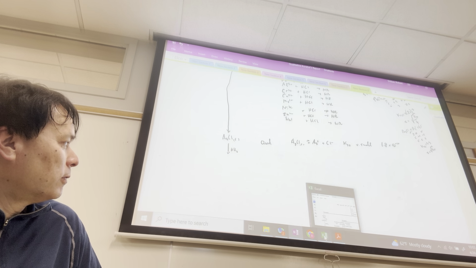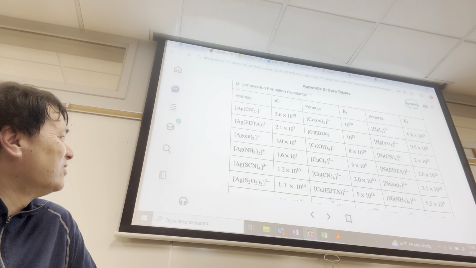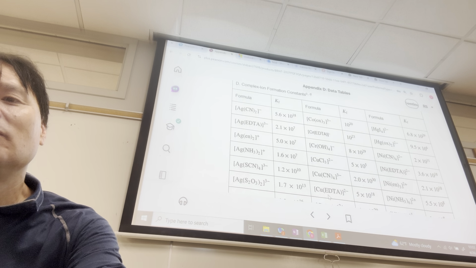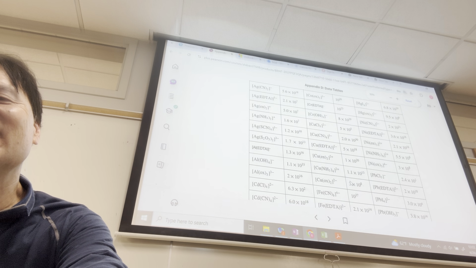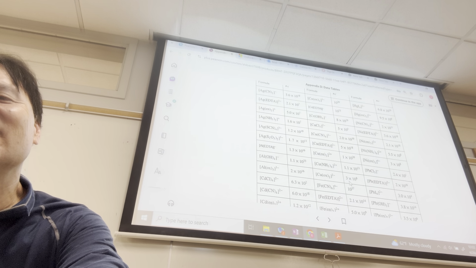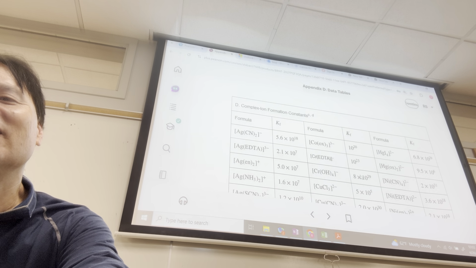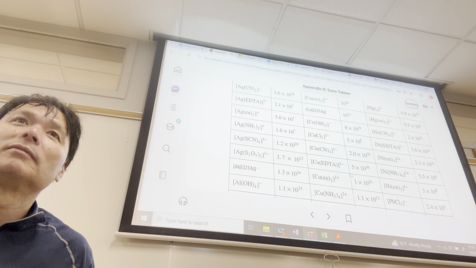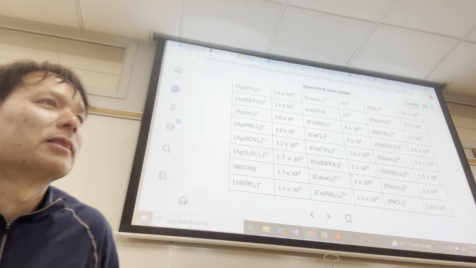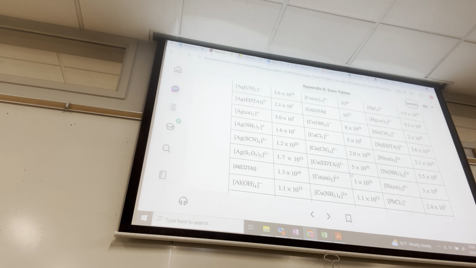But for this, what should we attack silver with? What would be the best base to attack silver ions with? Which one?